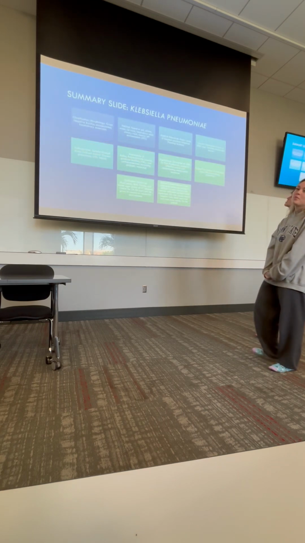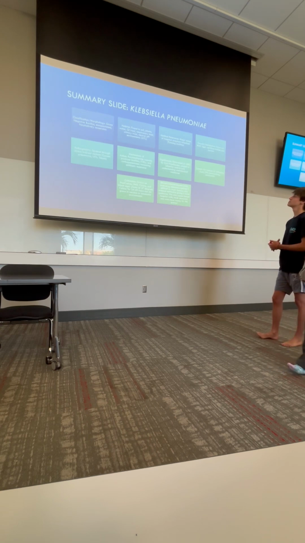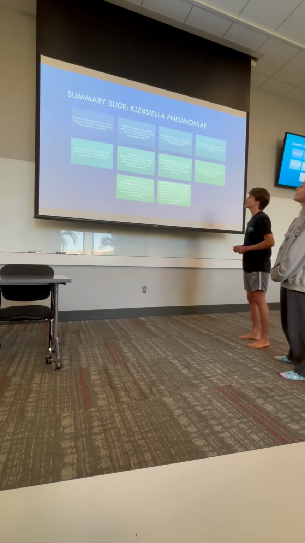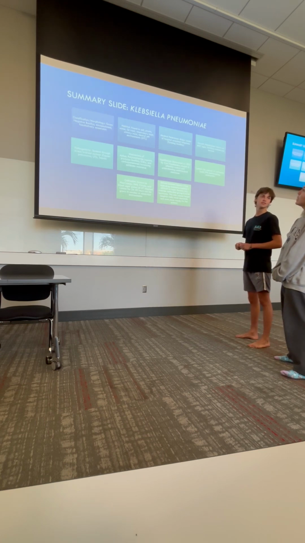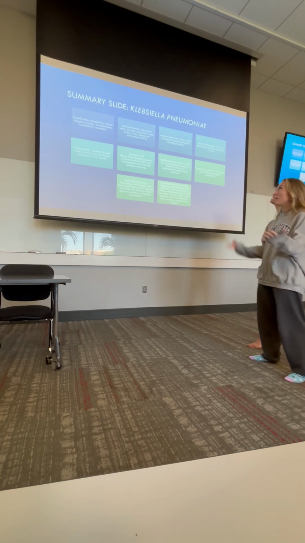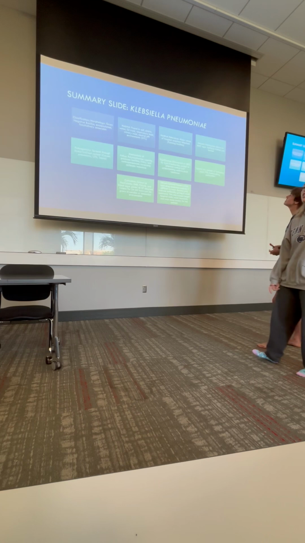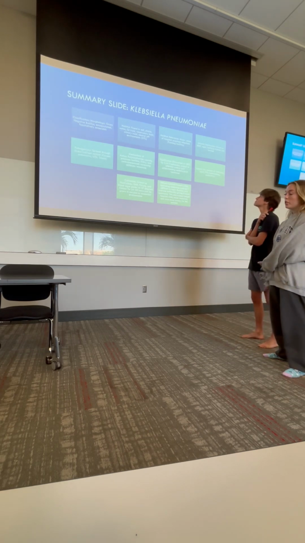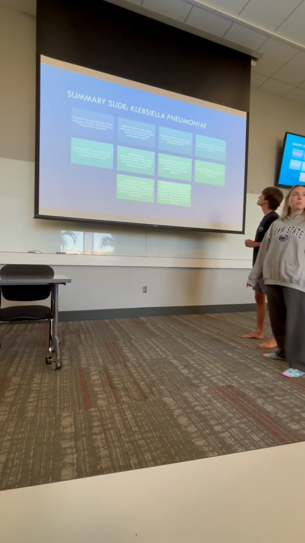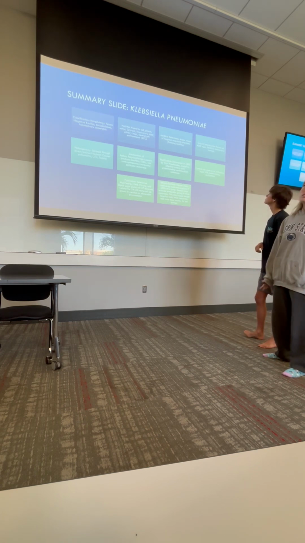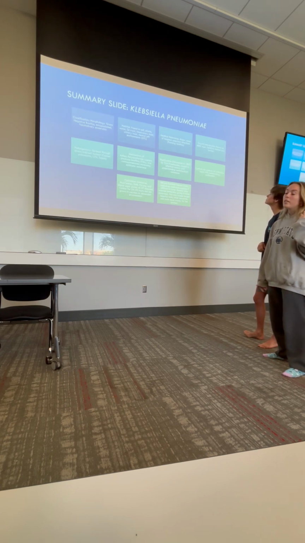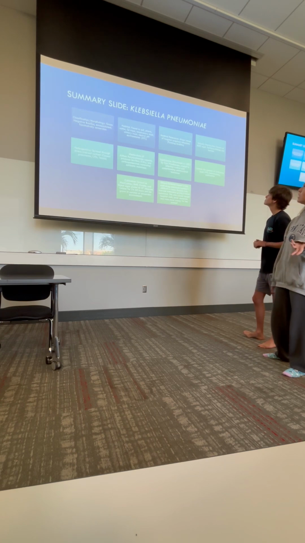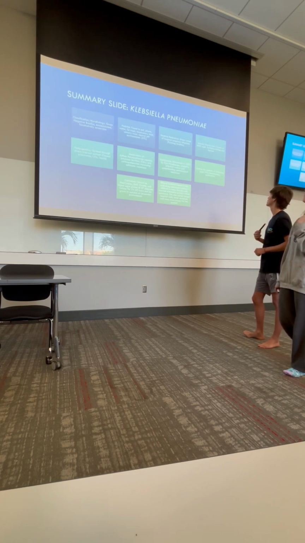So this is basically a summary slide of what we got going on. Again, it's gram-negative. It's encapsulated. It's a facultative anaerobe. And from there, habitat: it's found in soil, plants, water, GI tract, respiratory tract, urinary tract. Neutral pH is 6.5 to 7.5, and it thrives in a 37 degrees Celsius environment. It's a major cause of hospitalizations.